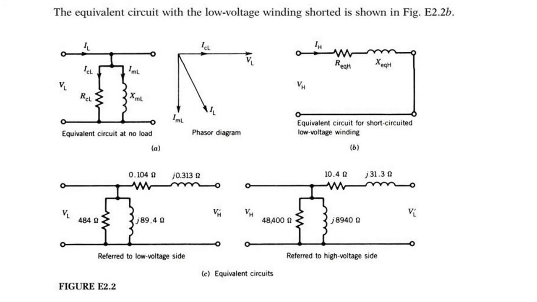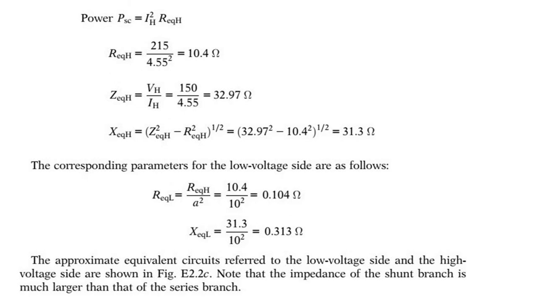In the equivalent circuit with the low voltage winding short circuited, the input side has resistance and reactance, and the next is referred to the voltage side. Then VL is the load voltage, with 484 ohm and 89.4 ohm, and the resistance and reactance of the secondary referred to the primary, from the high voltage side to the primary side.